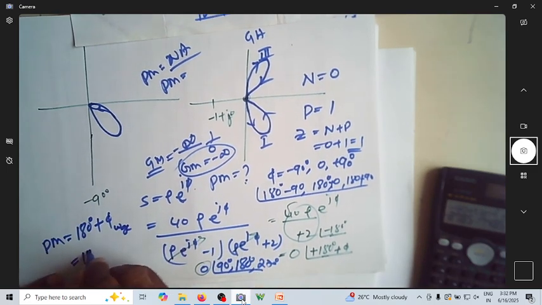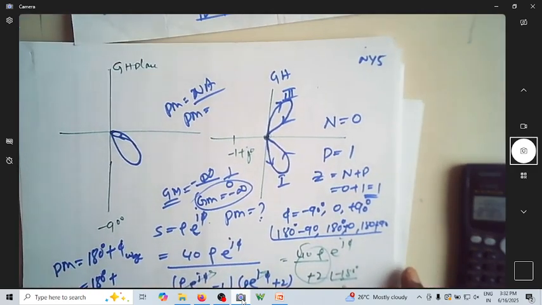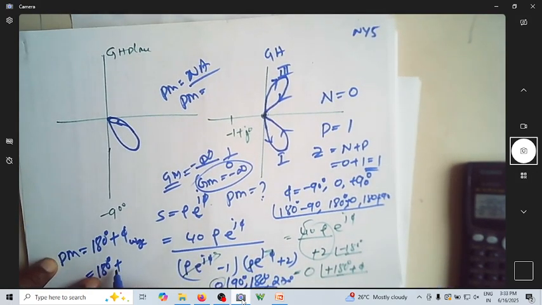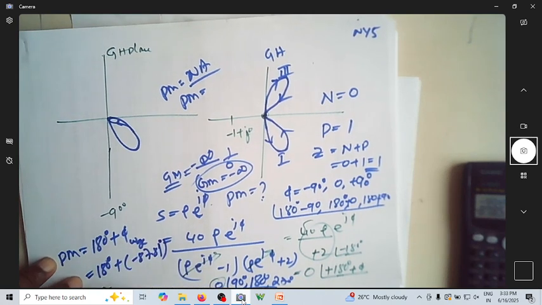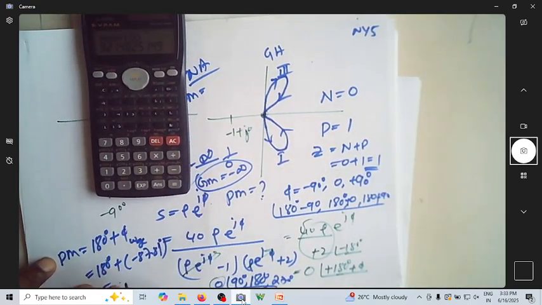So it's 180 degree plus minus 87.85 degree, which comes out to be plus 92.14. This is the phase margin.